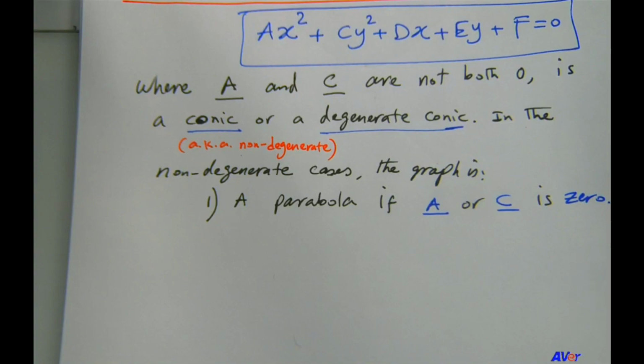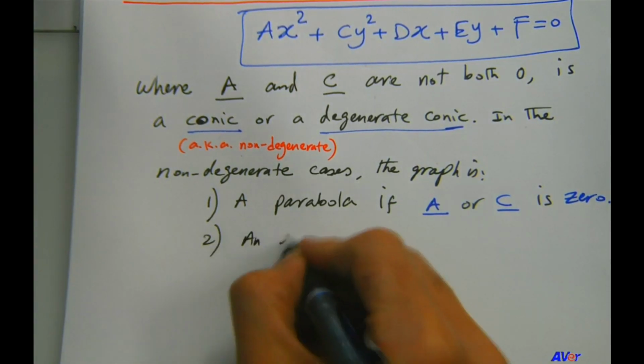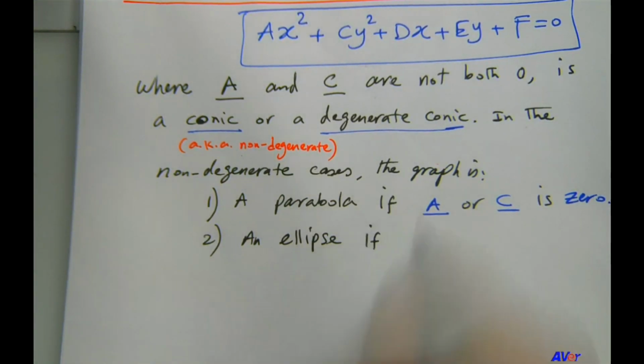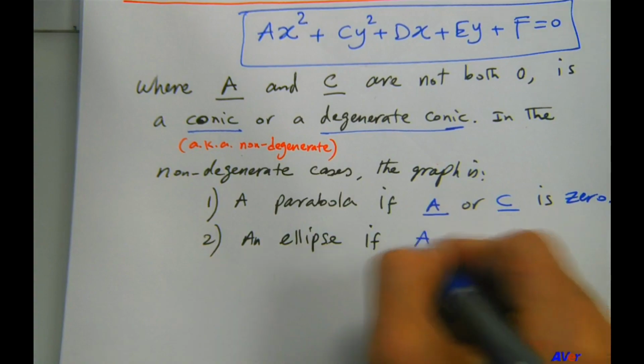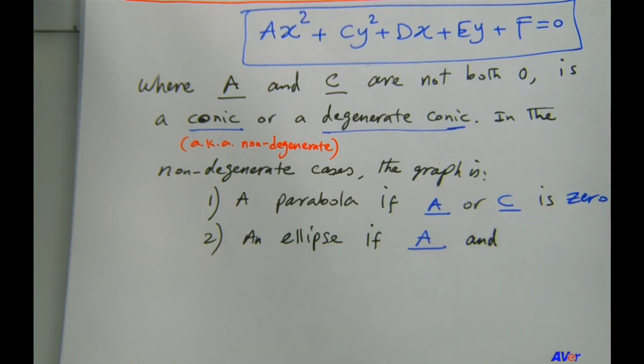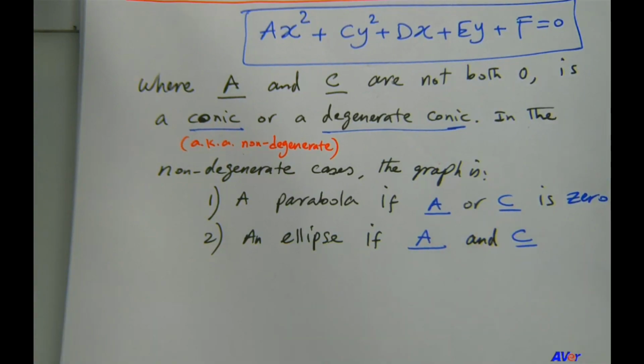Okay. 2, an ellipse if A and C have the same sign.